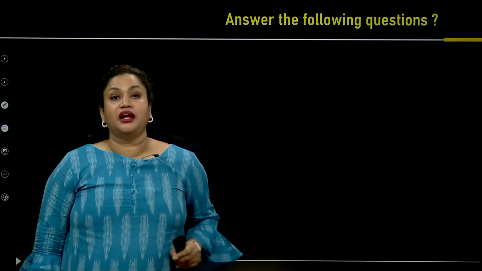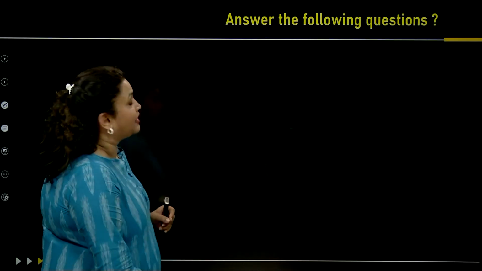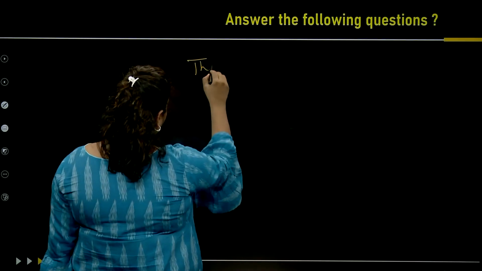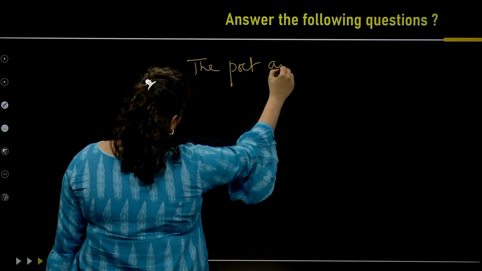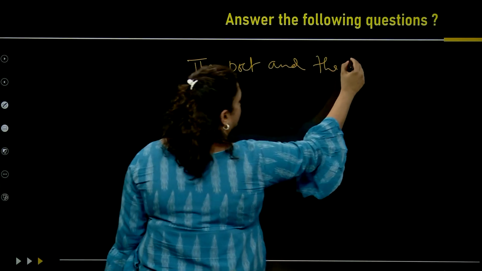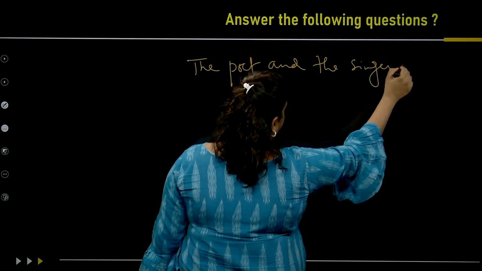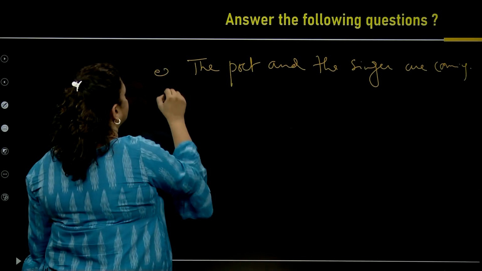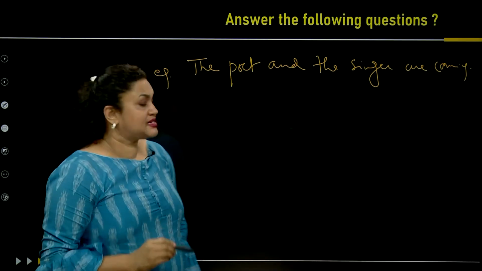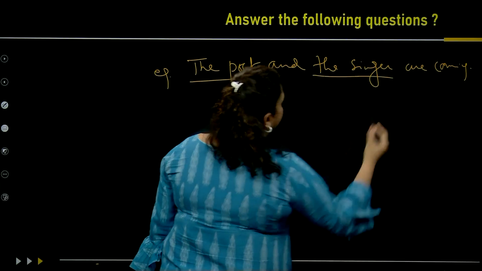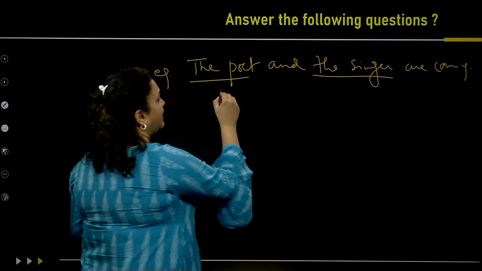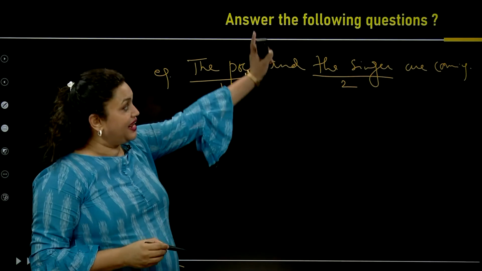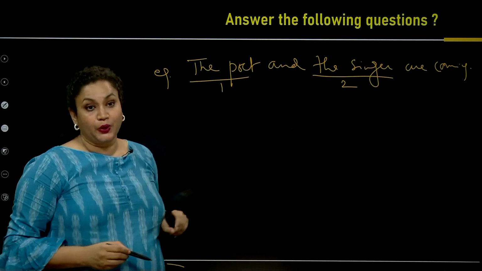Apart from this, I would like to tell you something, one thing that you have to understand, the subject-verb agreement. In this case, when we say the poet, the singer, it means they are two people, because an article again says that they are two people.